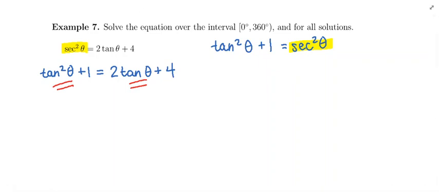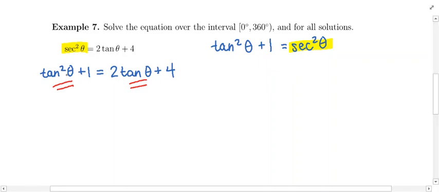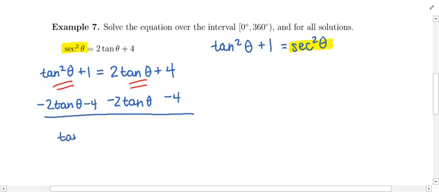So I'm going to go ahead and move everything over so that the tangent squared stays positive. So I'm going to subtract 2 tangent theta from both sides, and I'm also going to subtract 4 from both sides. I'm going to get that tangent squared theta minus 2 tangent theta, and then plus 1 minus 4 will give me minus 3.